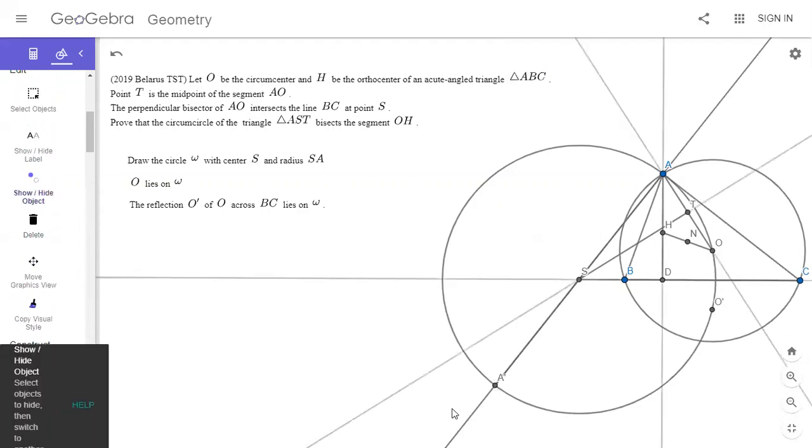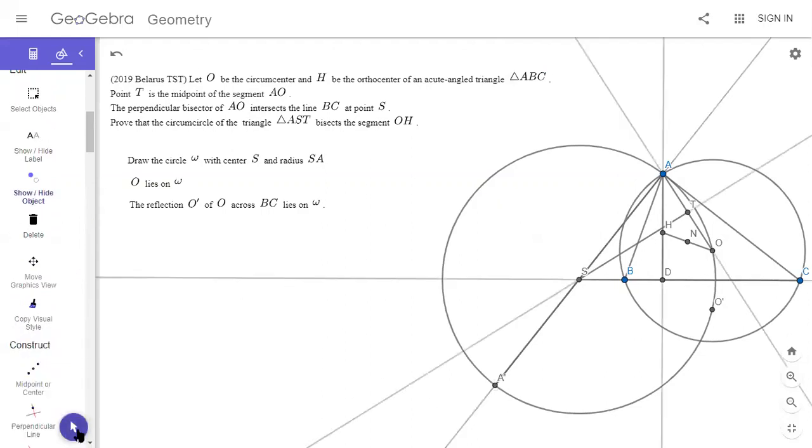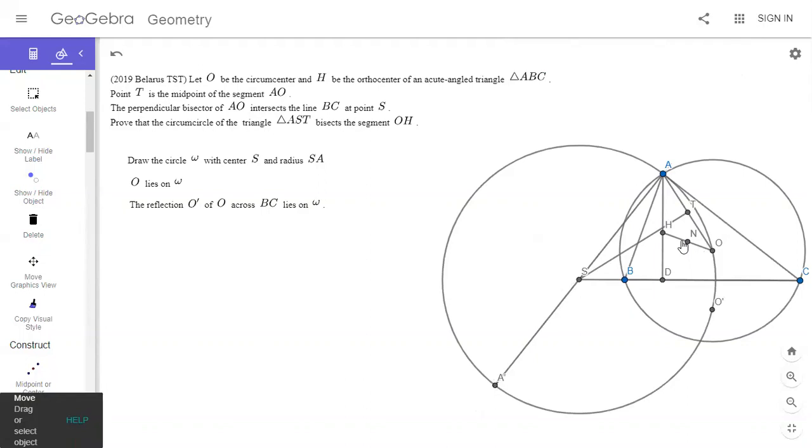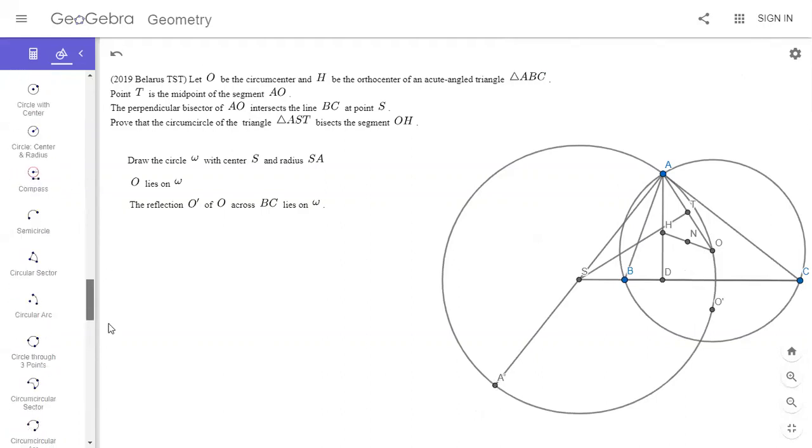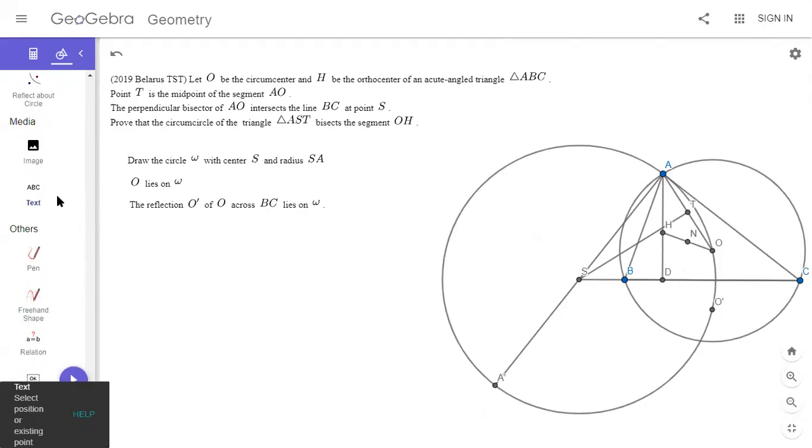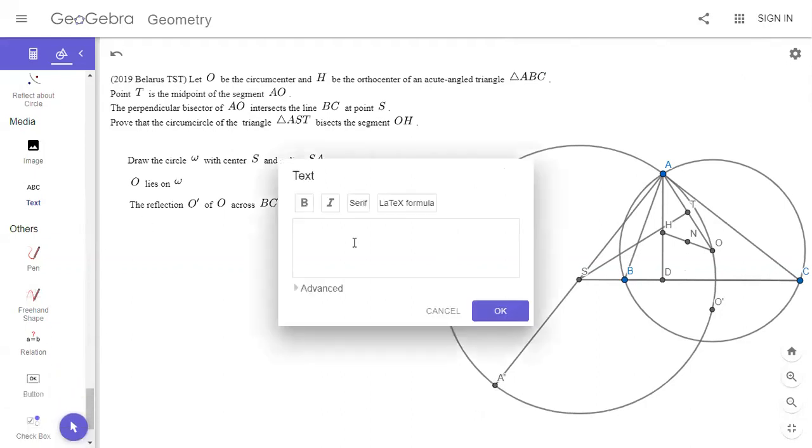Okay. And then the distance from A to H is twice the distance from N to BC. So that's a well-known fact. I'm not sure if this is the way you thought about it, but it's kind of the way I'm thinking about it now. So I'm going to write, so AH is equal to twice the distance from N to BC.